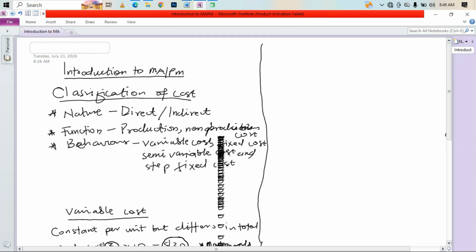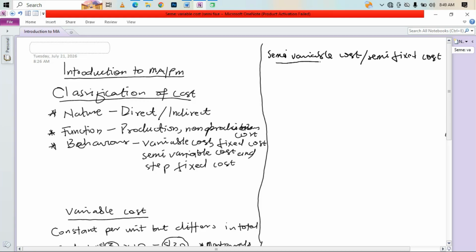Now let's move to semi-variable cost. If we are talking of semi-variable cost, that means part of the cost is a variable cost and part of it is a fixed cost. So when it comes like that, you must decouple it.